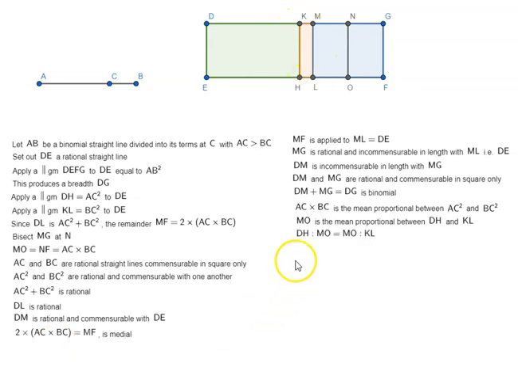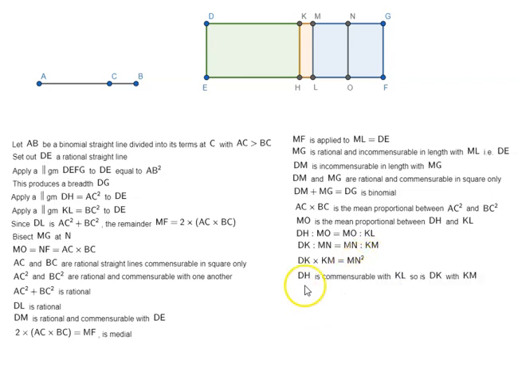So which means we can write it as DH is to MO equal to MO is to KL. Now which means DK is to MN equal to MN is to KM, because DK is the side of DH, the base. MN is the base of MO and KM is the base of KL. Yes, which means we can write it as DK times KM is equal to MN square.